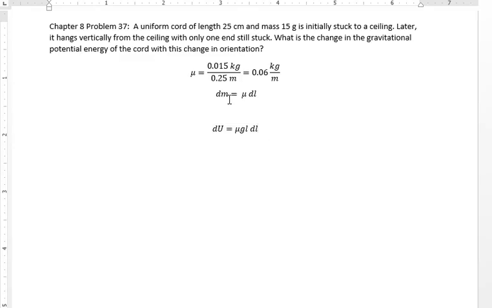And now if we want to know the total potential energy, it's the integral from 0 to minus 0.25 meters of mu g L dl.